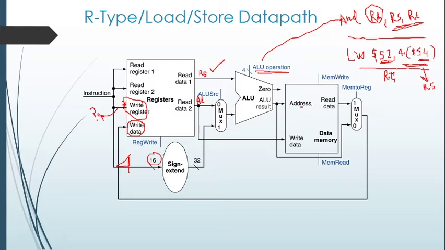That address is passed to the memory. The address field will have that address, and there will be either memory read or memory write. For a load word instruction, the operation is memory read. Memory read means the read data will have the value at the location corresponding to that specific address.